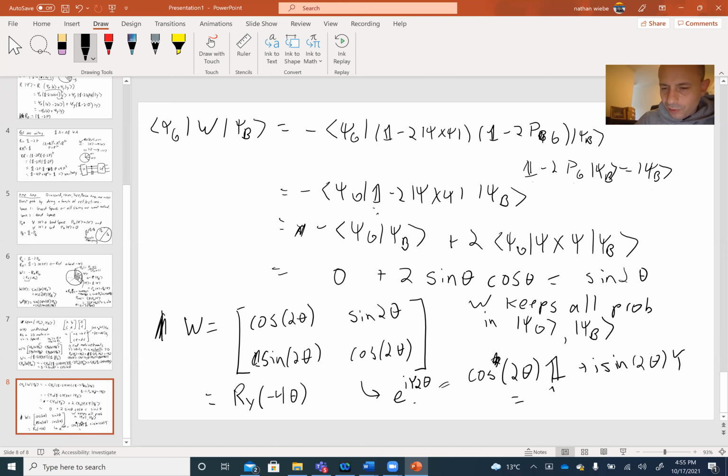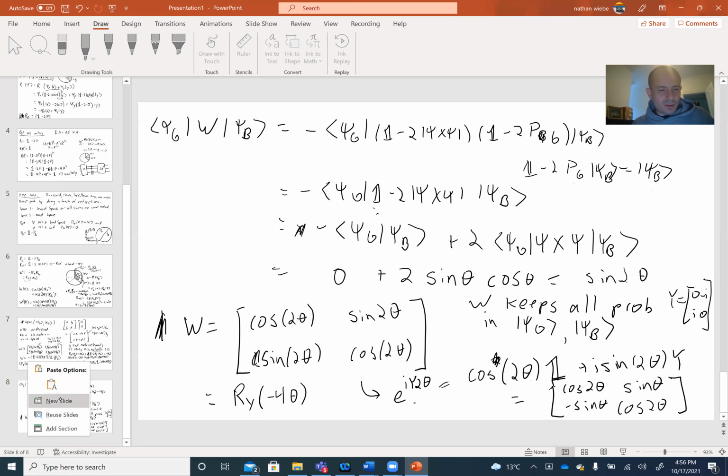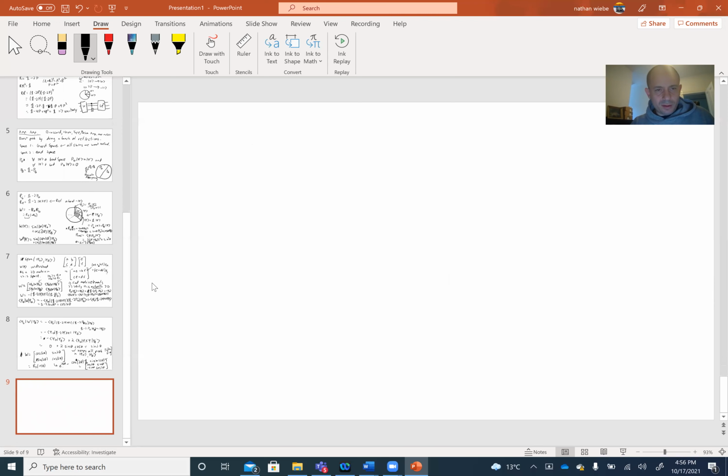Expanding this out as a matrix gives us exactly the same thing: cos 2 theta times identity, and using the fact that y is equal to 0, negative i, i, 0, this gives us sine theta, minus sine theta. Therefore, we see that W is equivalent to Ry of 2 theta.